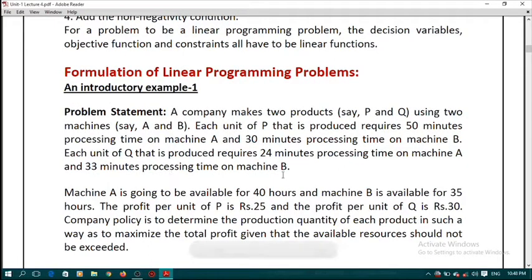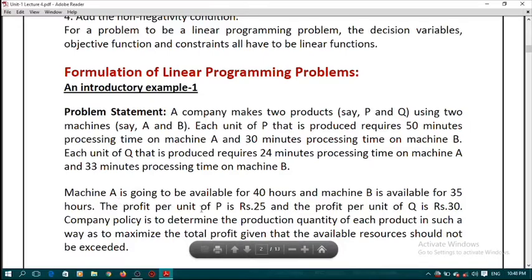So this is the problem statement, or we can say this is our example, which states that a company makes two products, say P and Q, using two machines, say A and B. Each unit of P that is produced requires 50 minutes processing time on machine A and 30 minutes processing time on machine B. Each unit of Q that is produced requires 24 minutes processing time on machine A and 33 minutes processing time on machine B. Machine A is going to be available for 40 hours and machine B is available for 35 hours.